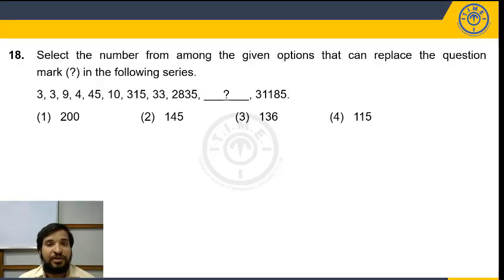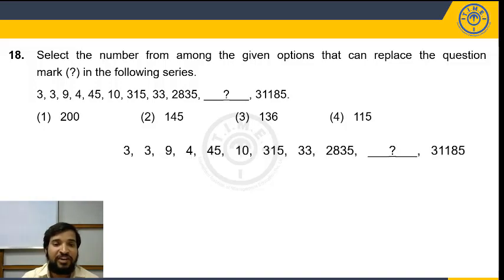Select the number from among the given options that can replace the question mark in the following series. Now, the given series is 3, 3, 9, 4, 45, 10, 315, 33, 2835, missing number, 31185. Now, this is an alternating series.